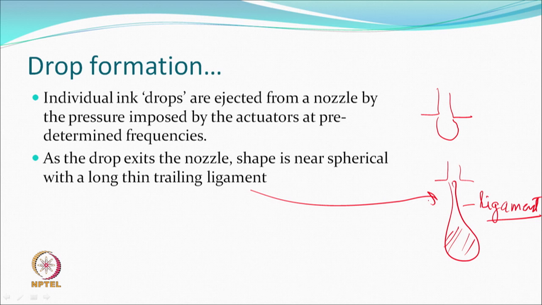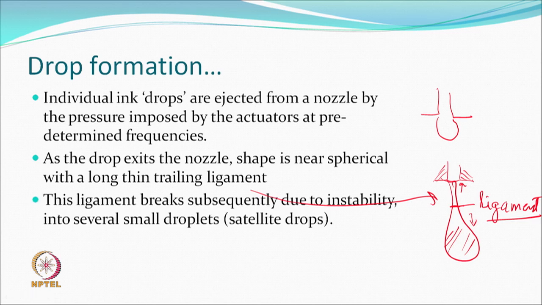At some stage it has to break. What happens when it breaks? This trailing ligament which is attached has to break. When it breaks, part of it will go to the drop and part, depending upon where it broke, may go back. This is how the drop may form.